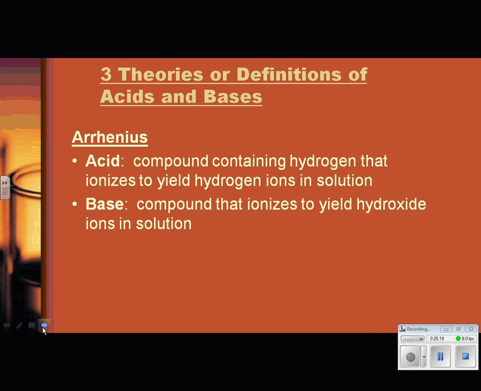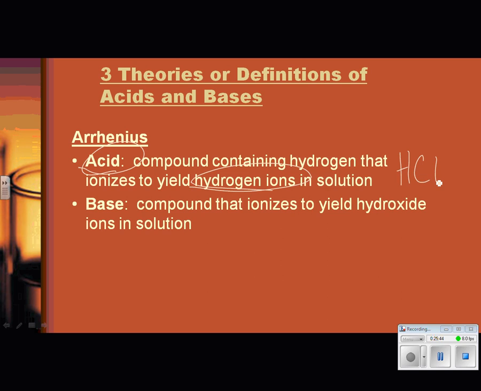So Arrhenius acids are acids that contain hydrogen. They ionize into hydrogen ions when you break them into solution. So things like HCl are an example of it. It breaks into hydrogen and chlorine.